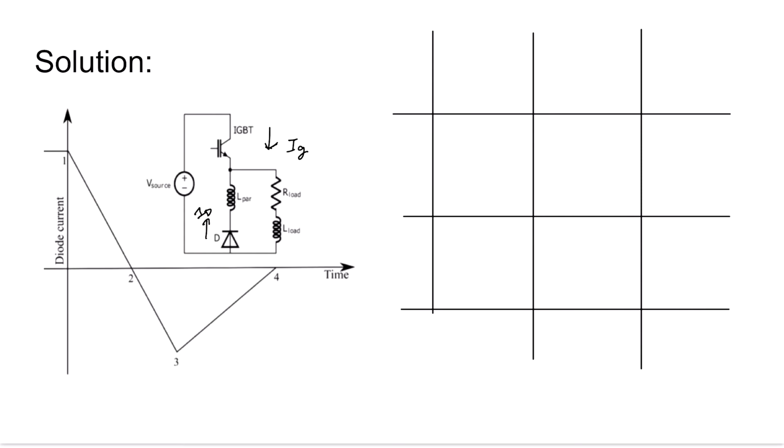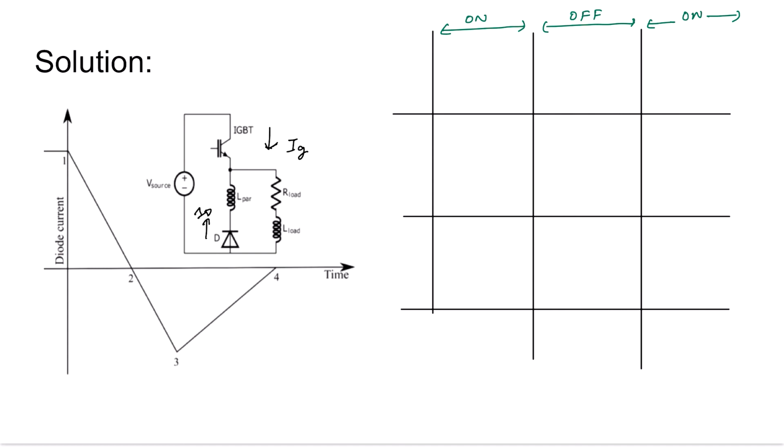The first time interval is when the IGBT is on, and the second interval is when the IGBT is off, and the subsequent interval is when again the IGBT is on.